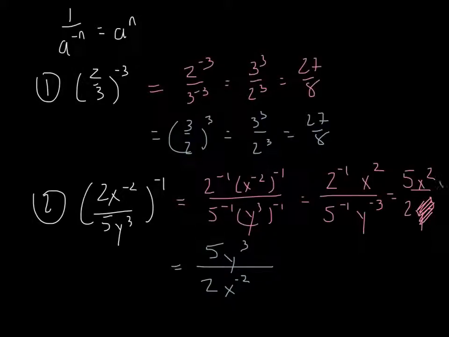Okay, that's up there, that's up here, because it's a negative exponent. x squared stays on top and the 2's on bottom. Okay, coming back here, now I can deal with the negative 2 exponent there, so I get 5x squared y cubed over 2. Again, those are equivalent things, those are the same thing, works out both ways.